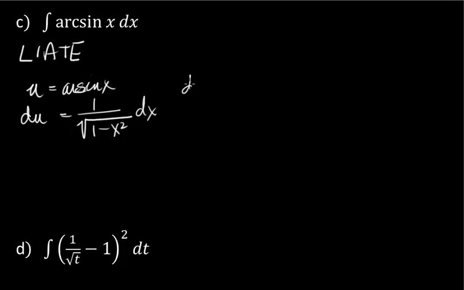And dv, if we let u be arc sine x, dv has to be everything else. So dv is dx. And therefore v is the integral of dx, which is x. You might have to look up integration by parts in the video again.